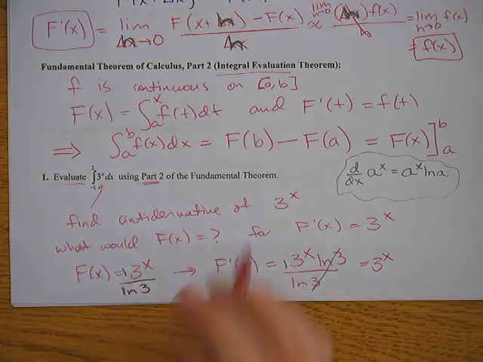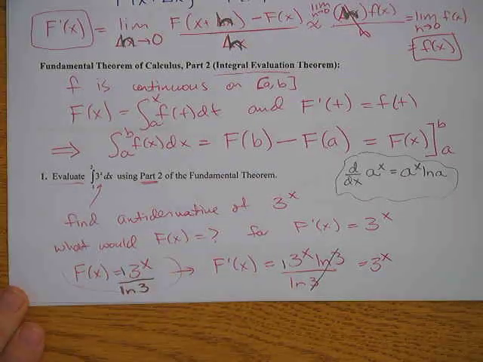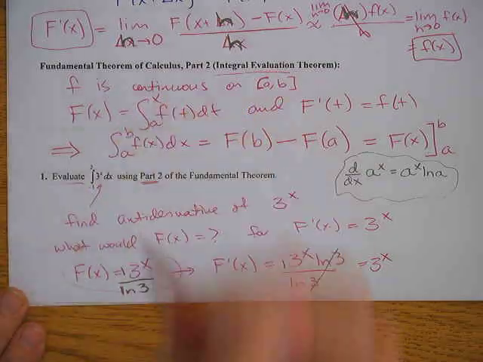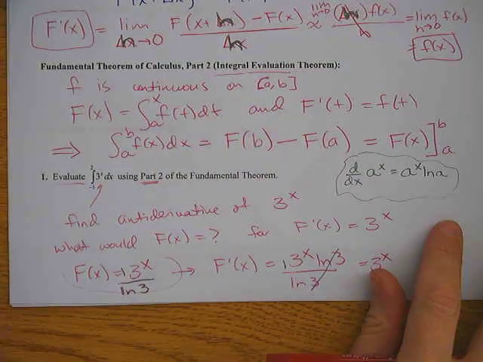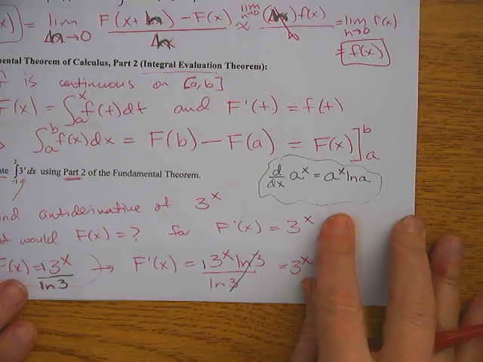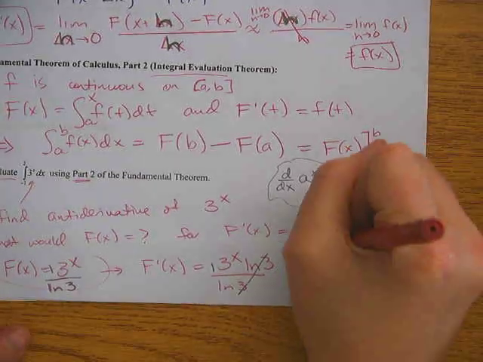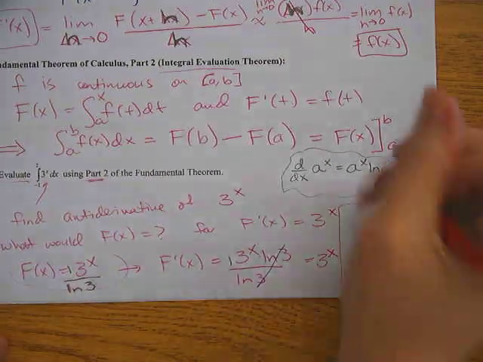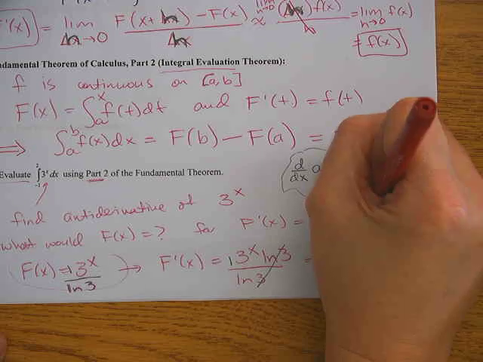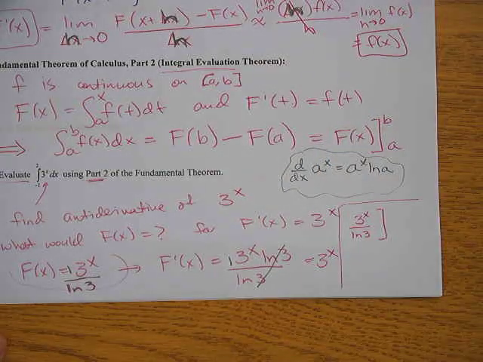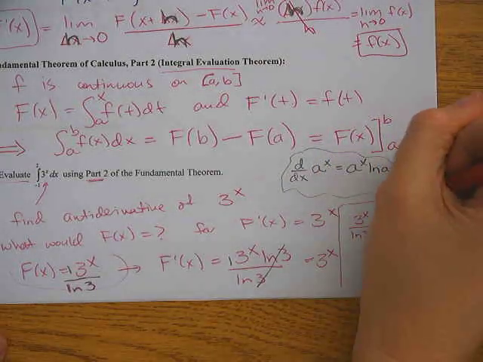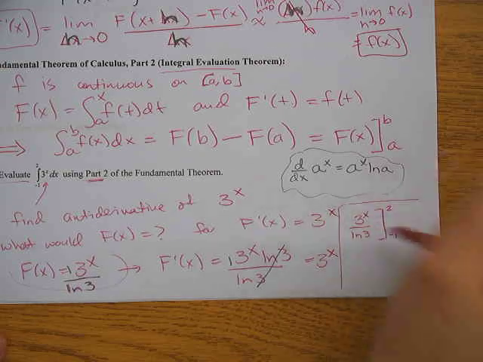And the constant multiple rule of derivatives says you have to multiply that same constant to the derivative. So I'd have 3 to the x ln 3 divided by ln 3, and that would cancel out, and I would have 3 to the x. So I have successfully found my antiderivative. My antiderivative is this right here. But now I need to evaluate that between -1 and 2.